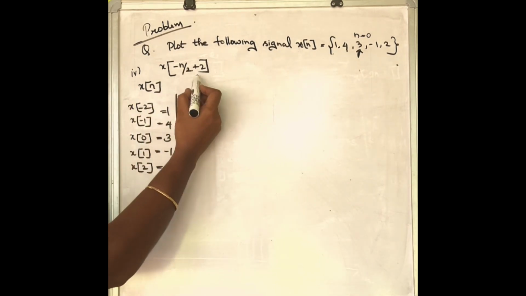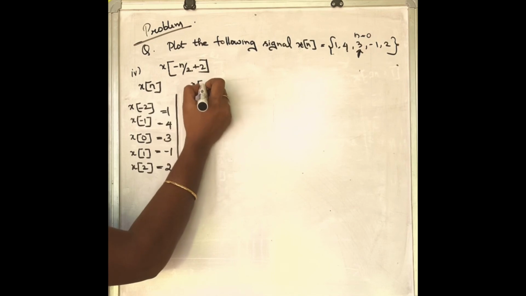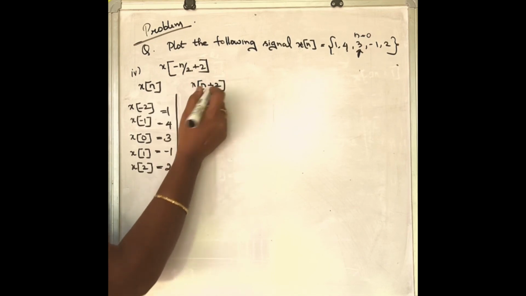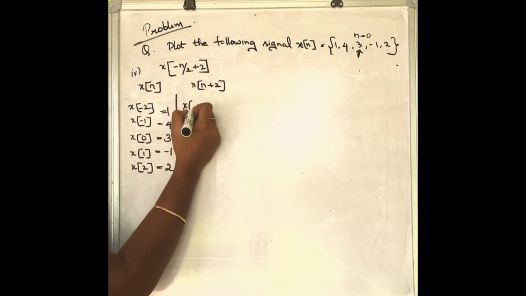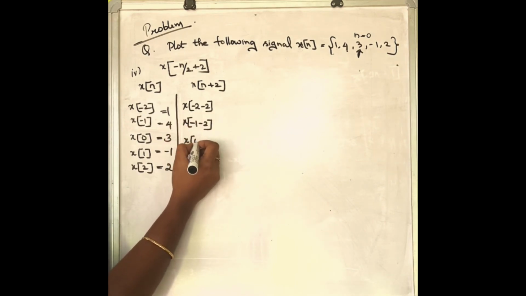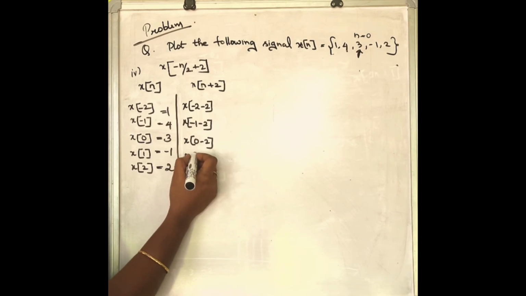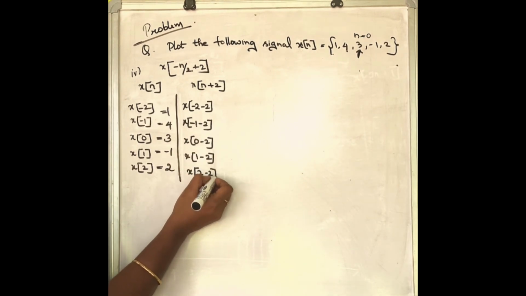Next is the shifting. We'll do the shifting part. So plus 2 means advance shift. So x of n plus 2. When we say plus 2, then you have to subtract 2 from all of these. So x of minus 2 minus 2, x of minus 1 minus 2, x of 0 minus 2, x of 1 minus 2, x of 2 minus 2.